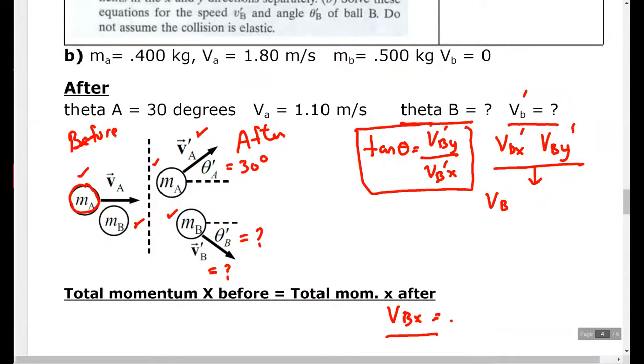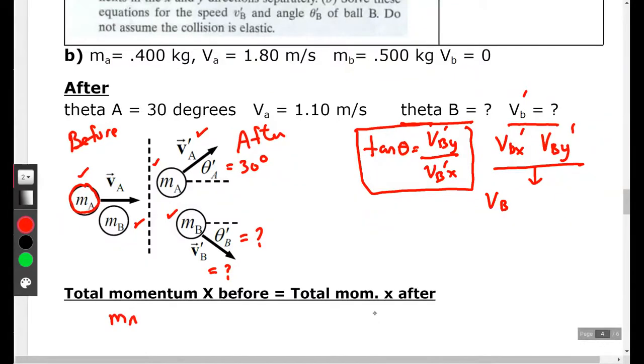So I'm going to use the conservation of momentum to get VBX and VBY. How do I do it? We start with total x momentum before equals total x momentum after. The only thing moving before is A, and it is all x.